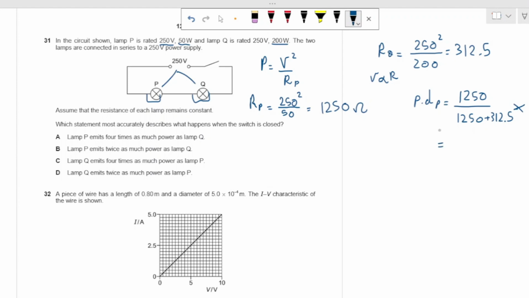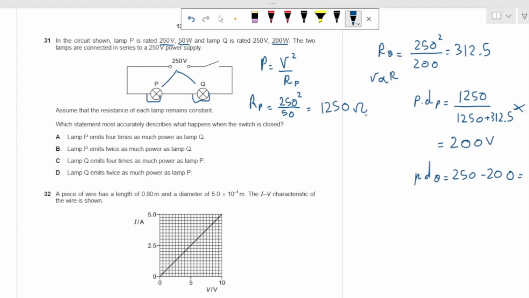And let's do it. 1250 over 1250 plus 312.5 multiplied by 250, and we get the PD across lamp P as 200 volts. And simply we can then calculate across Q, which is 250 minus 200, because obviously we've calculated one, the other one will just be subtracted because voltages in a series are shared.